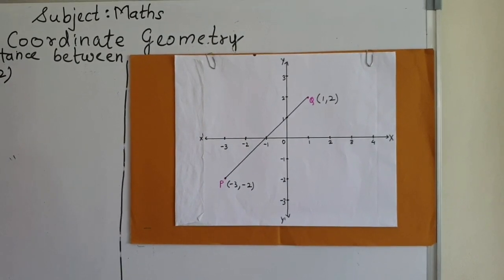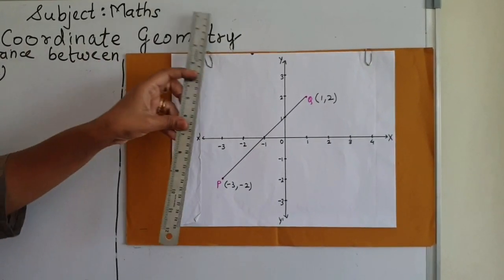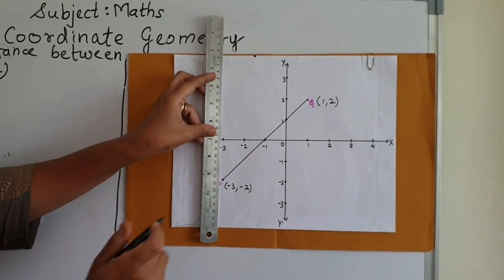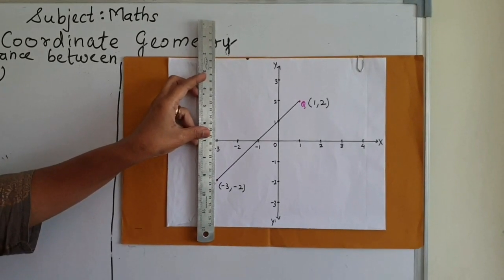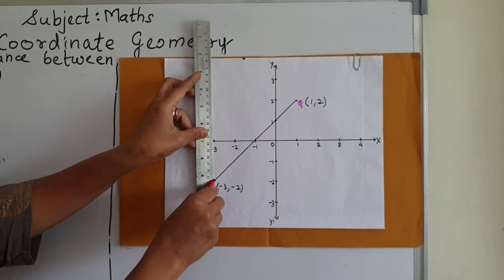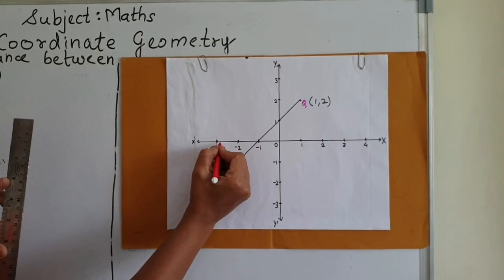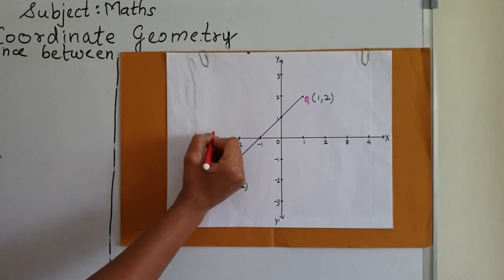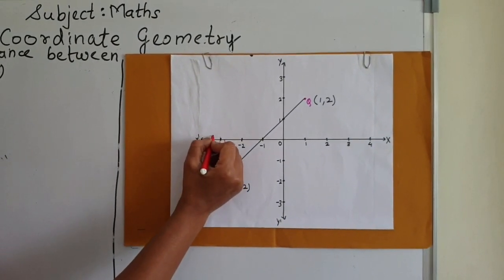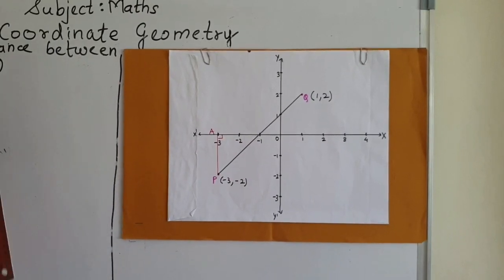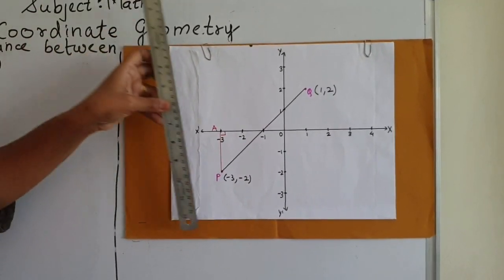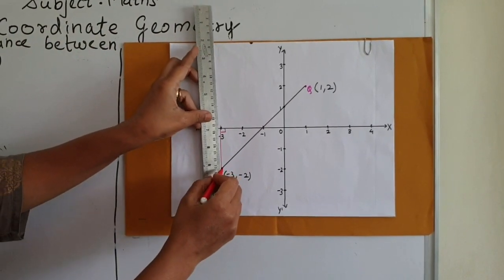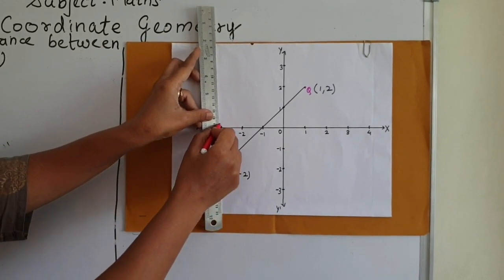So here again what we do, we are drawing a perpendicular from point P on the x-axis, right? So this is a perpendicular drawn, we can name it as A. Now we are extending this perpendicular further.